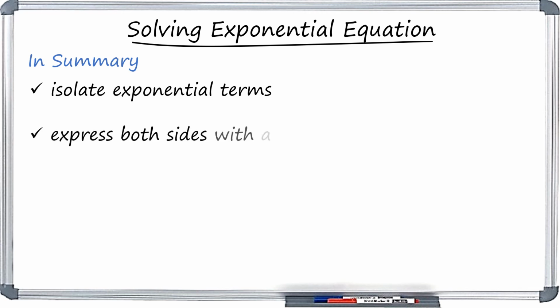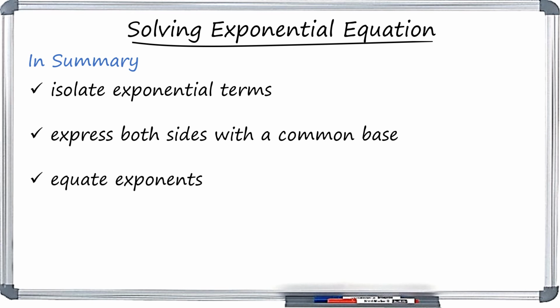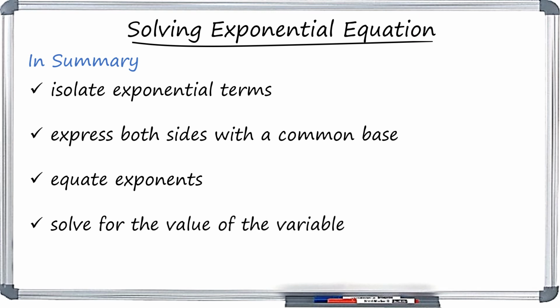Next step is to express both sides with a common base. Third step, equate exponents. And lastly, solve for the value of the variable. So we have 4 easy steps to remember in solving exponential equations.